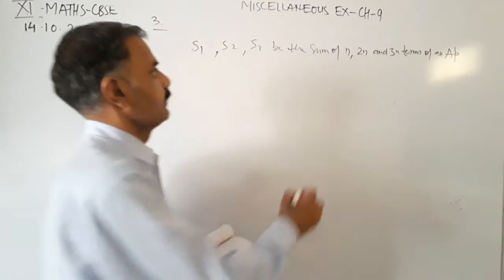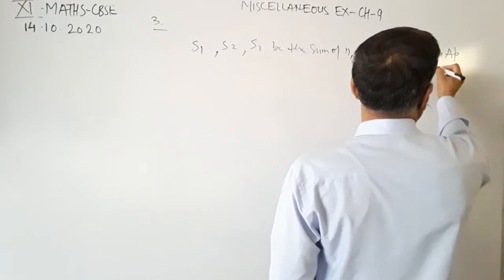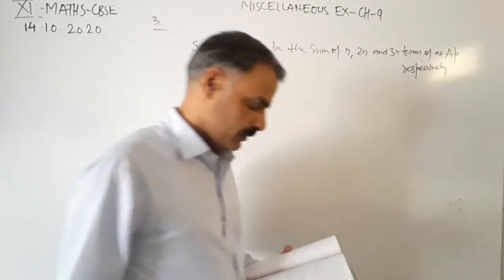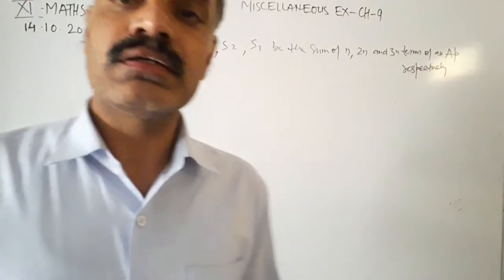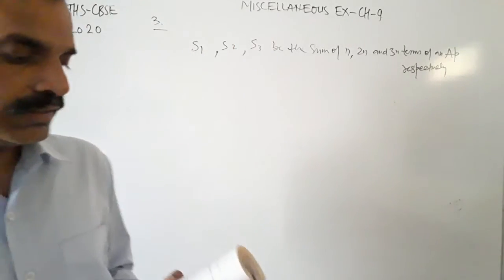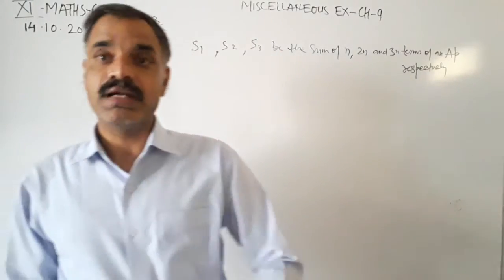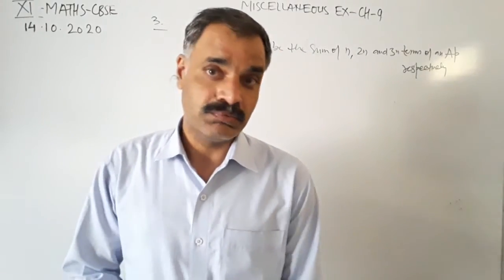Then we have to show that S3 equals 3 multiplied by (S2 minus S1).